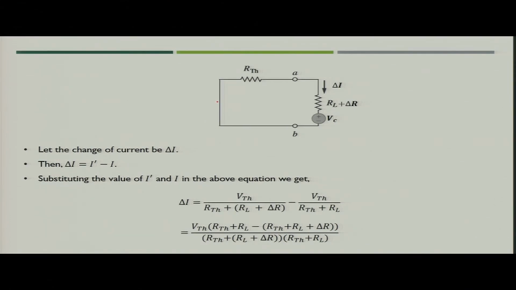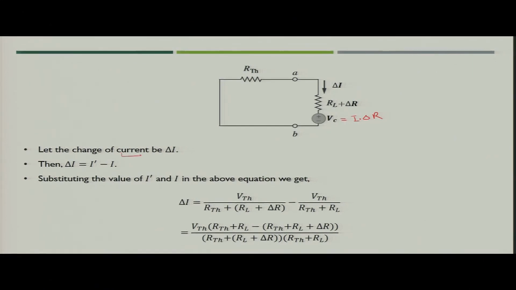In this case it was V T H, so we have short circuited the voltage source V T H. Now, we have connected the voltage source V c. The value of V c is nothing but I into delta R. Here the magnitude would be like this, but since it is in the opposite direction it will become negative. That we will see when we finally derive the condition.